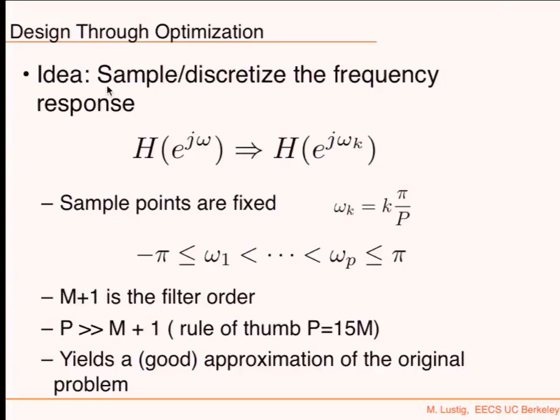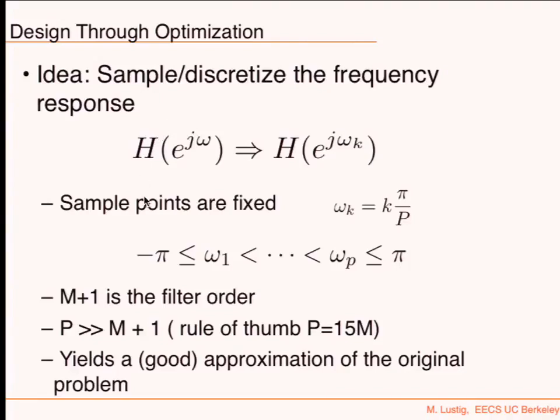Okay, so what we're going to do is sample, or effectively discretize, the frequency response. So if this is the frequency response that we're going to be designing, we're going to look at discrete frequencies. We're only going to look at the frequency response at discrete places.